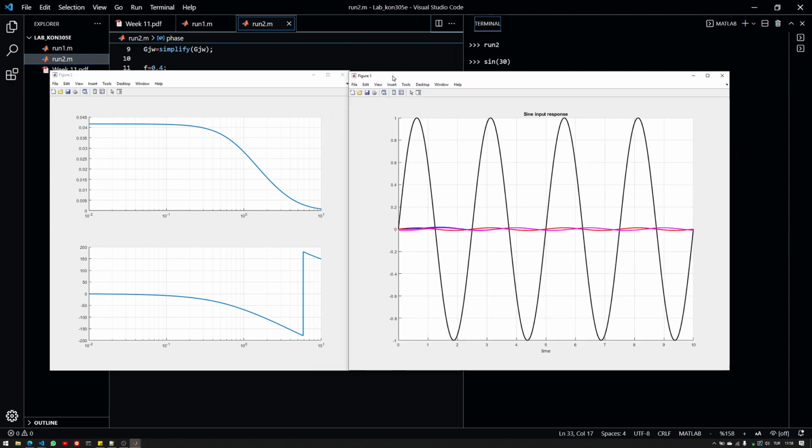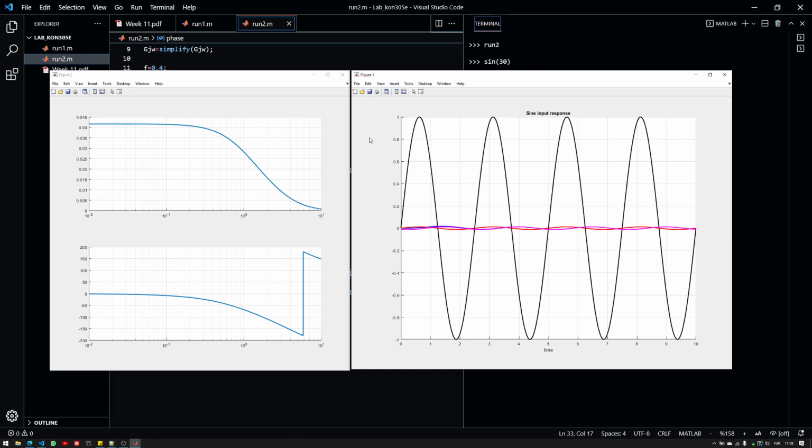Now, why is this relevant? If you think about real-life input signals, we don't really have sine waves. But at that point, you can remember your Fourier analysis and Fourier series lessons and lectures: almost every signal, even if it's periodic or not, can be approximated with combinations of sine waves with different phase and gain.